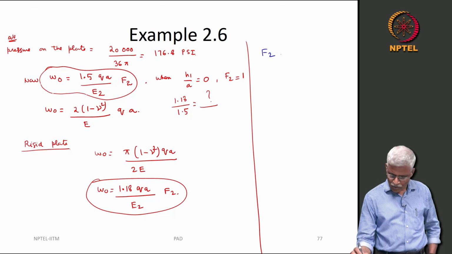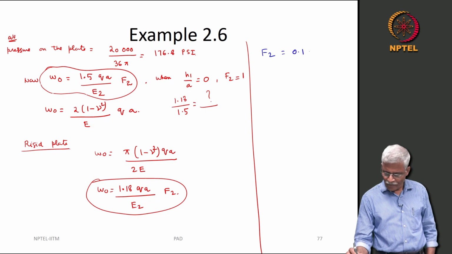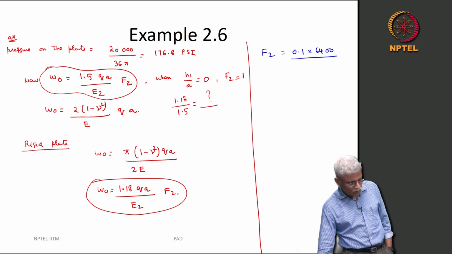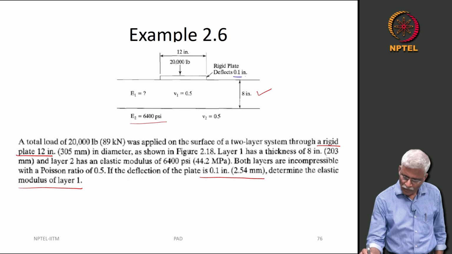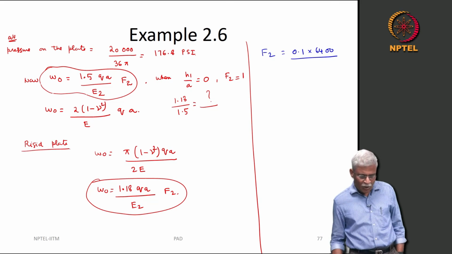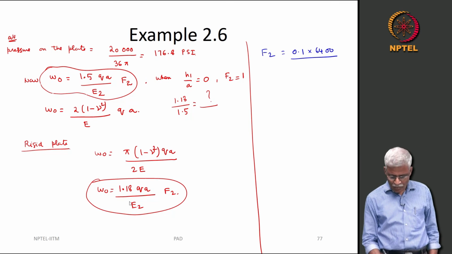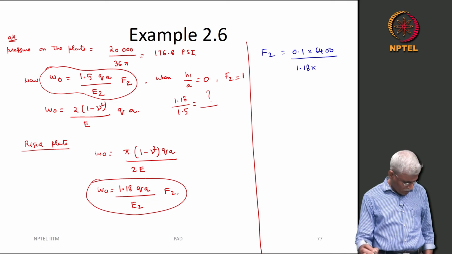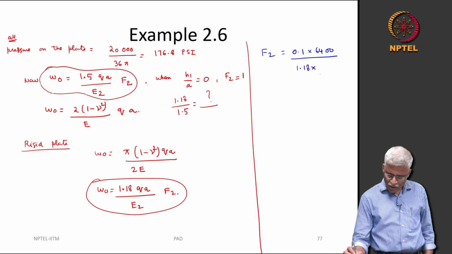So, what you are going to do is, you are going to compute what is really called F2 here. So, it is going to be 0.1 times 6400. So, y is 0.1, and 6400 is your E2 value. So, it is going to be 0.1 times 6400 divided by 1.18 times Q is 176.8 times A is 6.